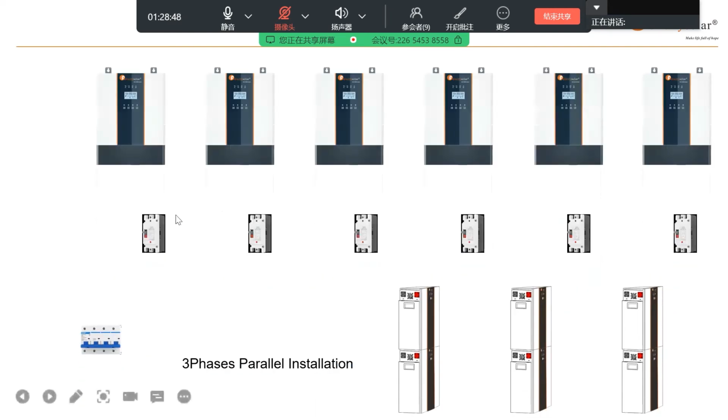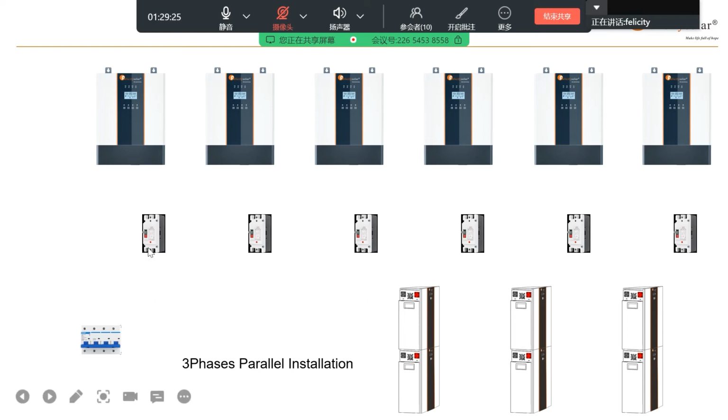Like here, this is the first step, mounting all these devices, like the inverter. Okay. The first step is mounting the inverters and batteries. Mounting first.